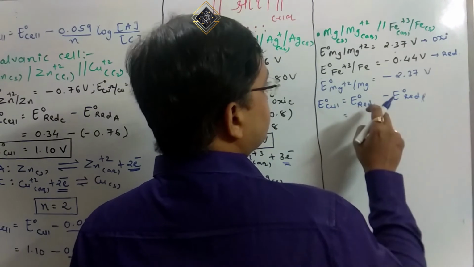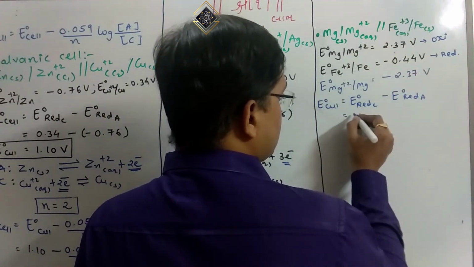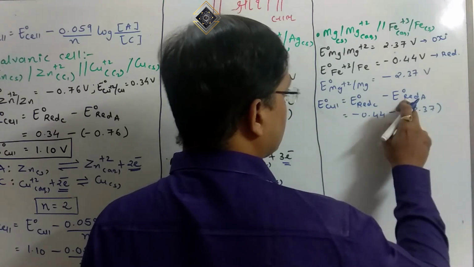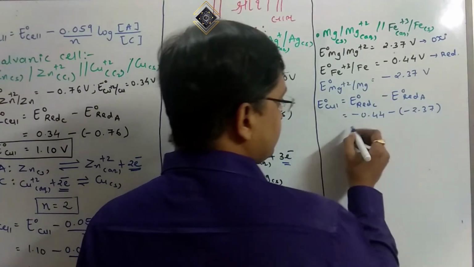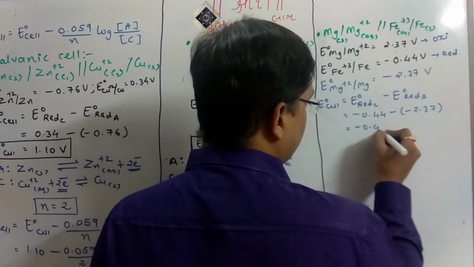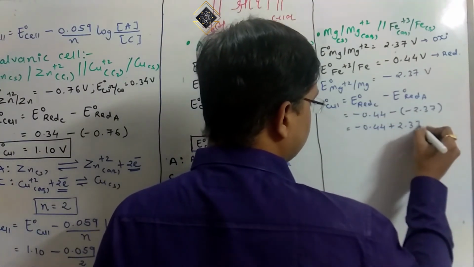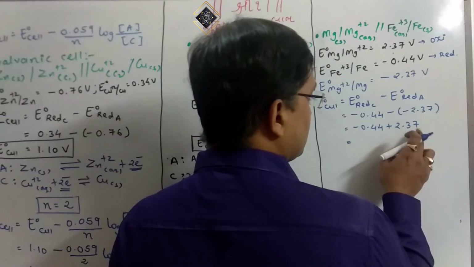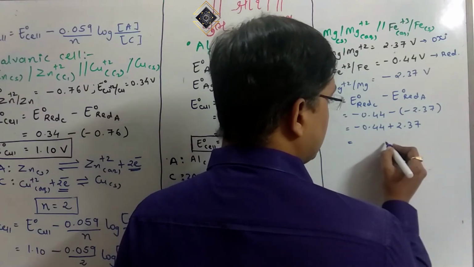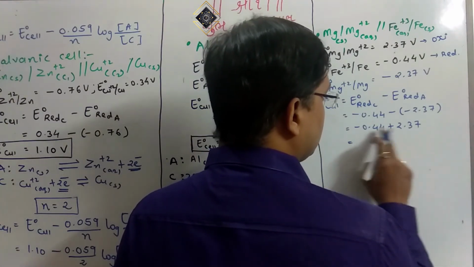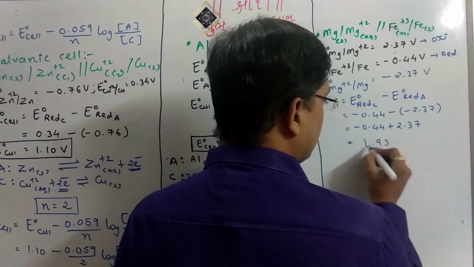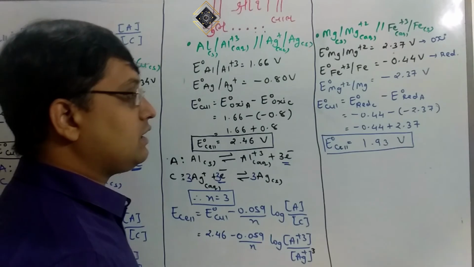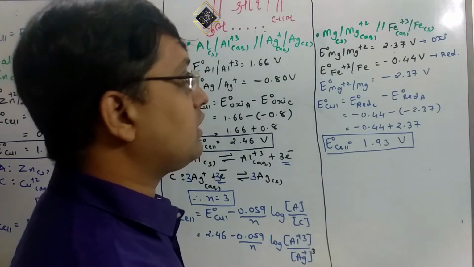For the cathode we have Fe plus 3, that is minus 0.44 volt, minus of minus 2.37 volt, which is the anode potential. So this is minus 0.44 plus 2.37, which equals 1.93. That will be your answer, 1.93 volt.